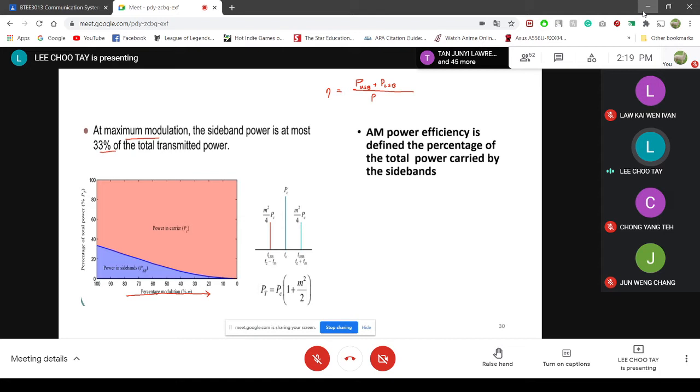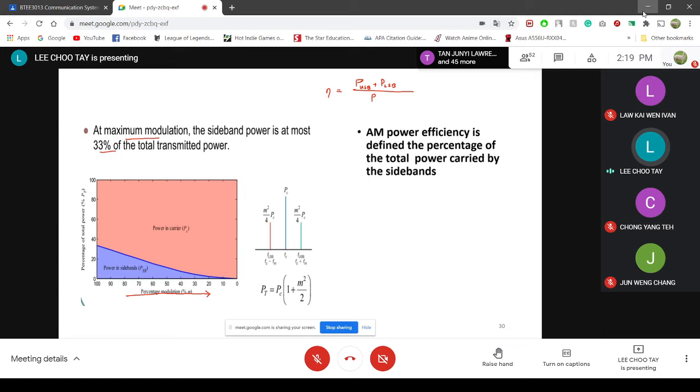All right. So if we substitute the expressions, the power in the upper sideband and lower sideband, extracted from this equation, is m squared over 2 PC, whereas the total power is 1 plus m squared over 2 PC.